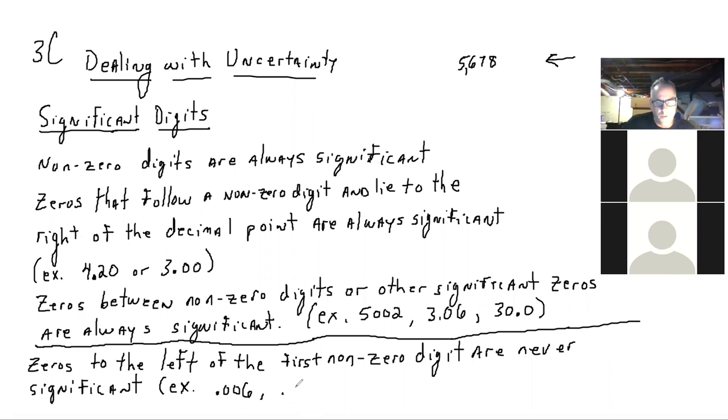Or 0.00052 has 2 significant digits, but again, these zeros are to the left.